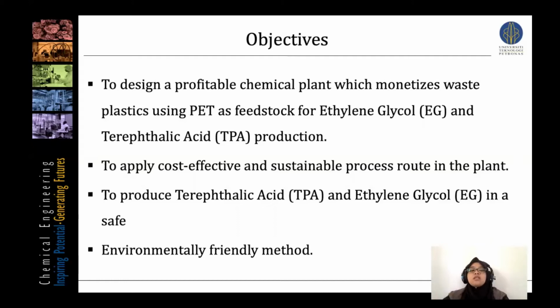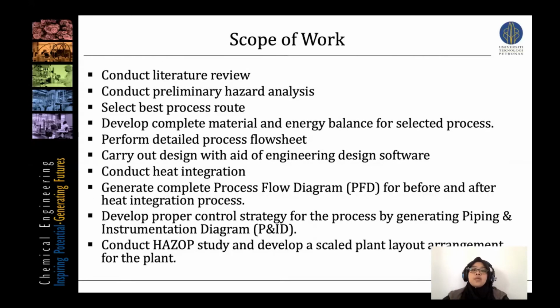The second is to apply a cost-effective and sustainable process route in the plant. Thirdly, to produce terephthalic acid and ethylene glycol in a safe manner. And last but not least, to produce an environmentally friendly plant design. So these will be our objectives.